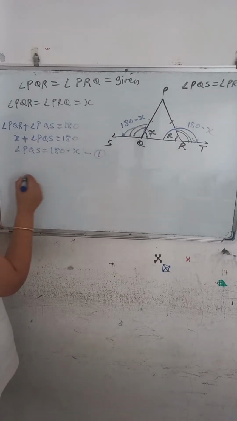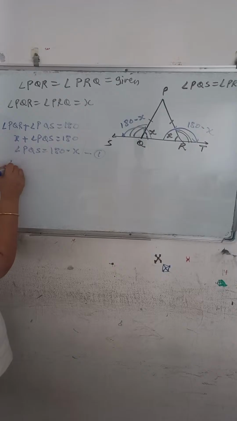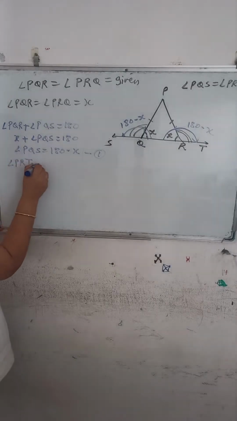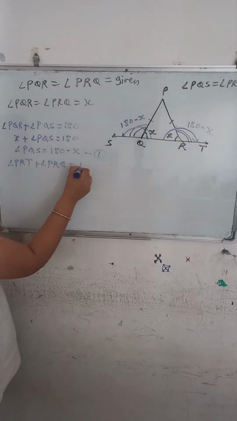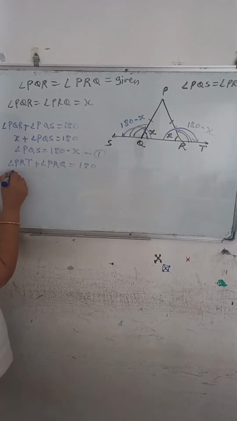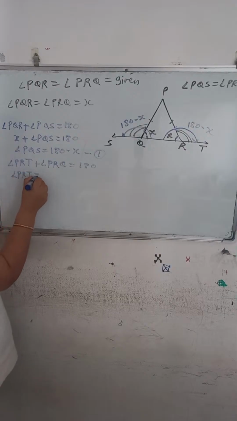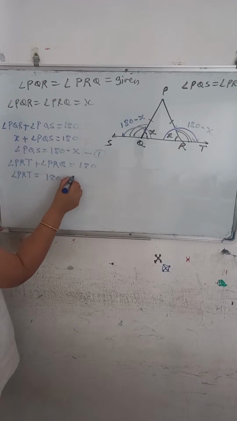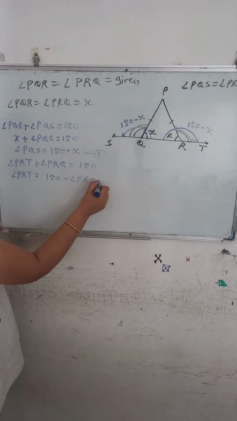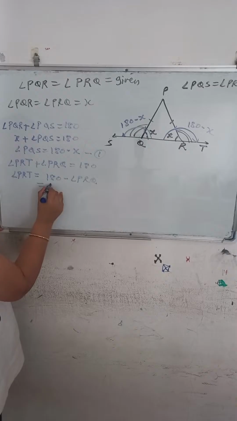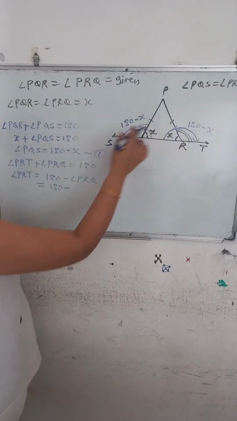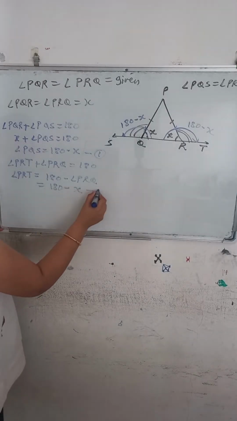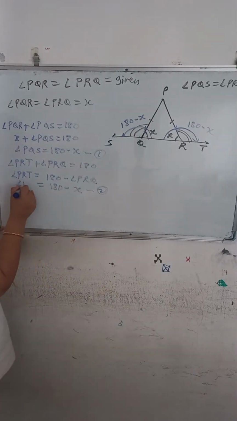This is equation number 1. And angle PRT plus angle PRQ is 180, so angle PRT is equal to 180 minus PRQ. PRQ is also x, so angle PRT is 180 minus x. This is my equation number 2.